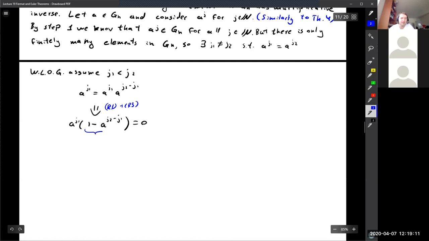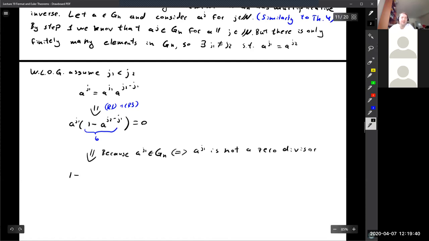Let's call this thing B. And because A to the J1 belongs to Gn, in other words, A to the J1 is not a zero divisor, the only way this can happen is if A to the J2 minus J1 minus 1 equals 0. This would mean that A to the J2 minus J1 equals 1.